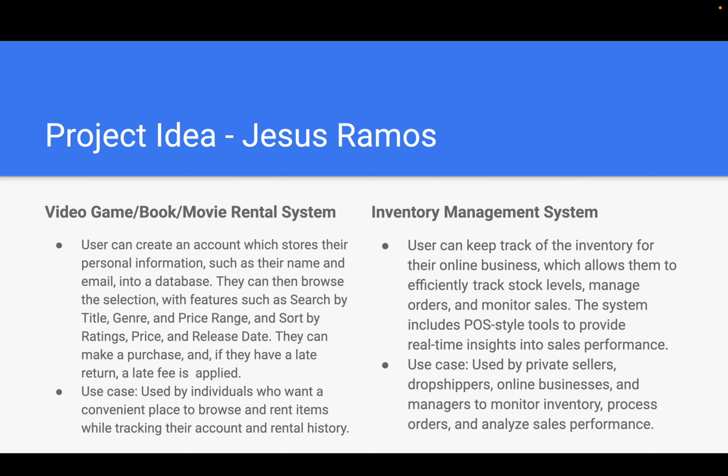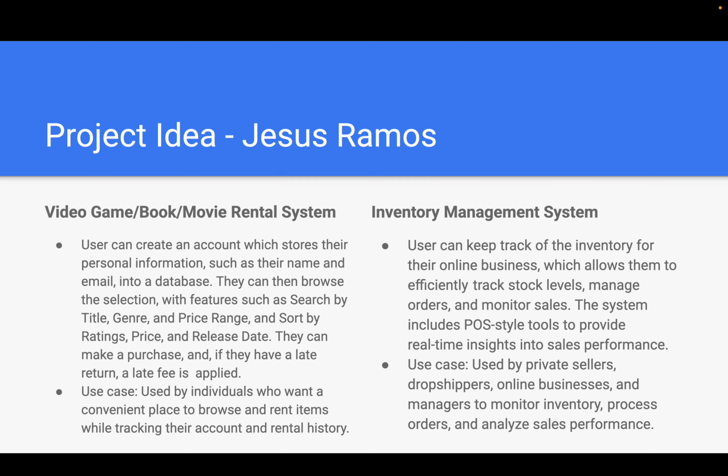So for my first idea, I had a video game, movie, and book rental system. In this program, users can create an account with their personal information, such as their name or email, which is then stored in a database. Users can browse the selection with helpful features, including search filters like title, genre, and price range, as well as sorting options by rating, price, and release date.